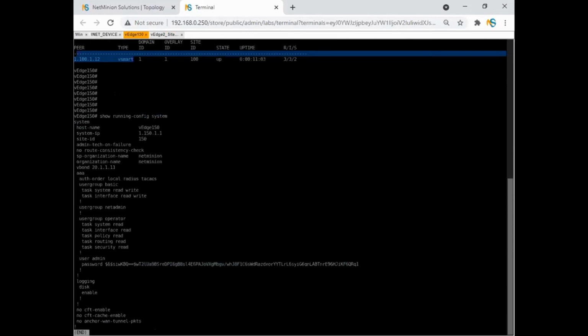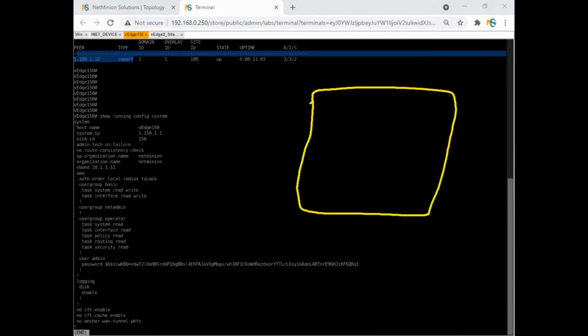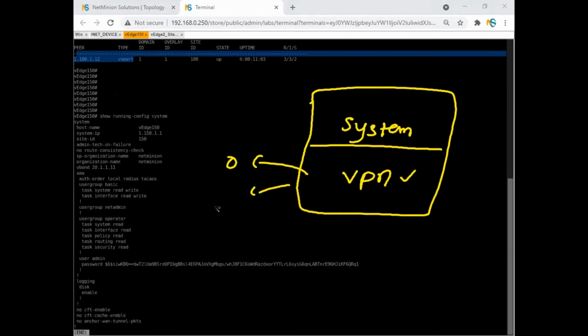So configuration, because I ran this command, let me talk about this as well. When we configure our Viptela devices, it can be more, okay, later on we will talk about it, but mainly it is divided into your system configuration, which has your system related configuration, and secondly the VPN related configuration. Either it can be VPN 0, VPN 512, or other VPNs.